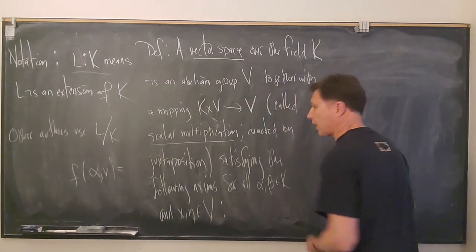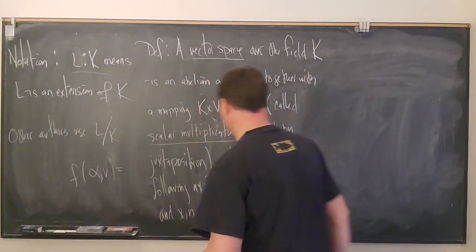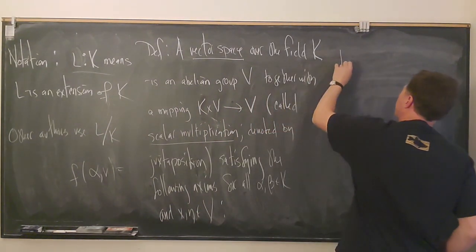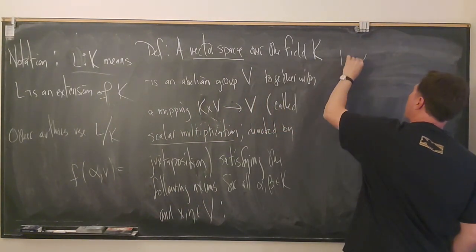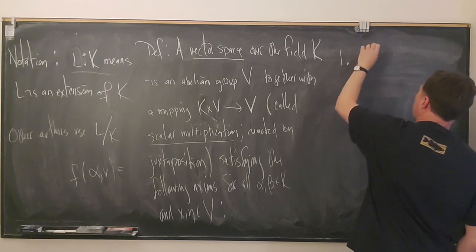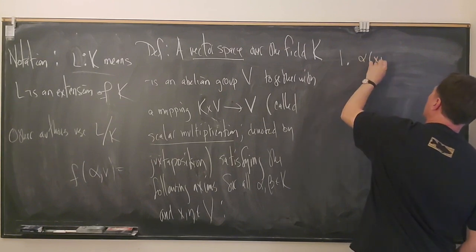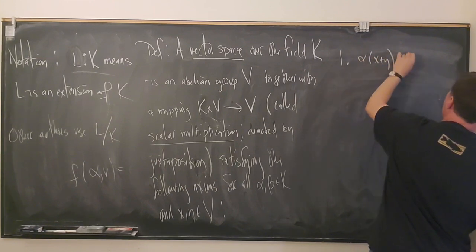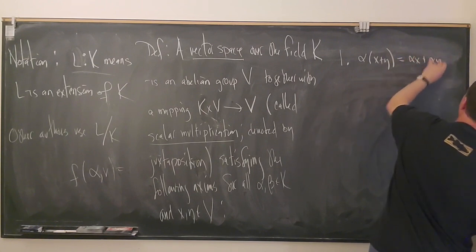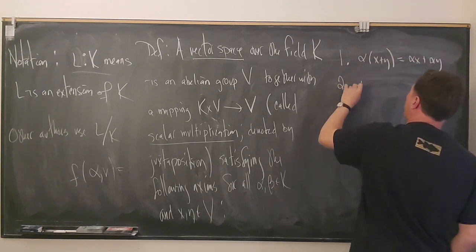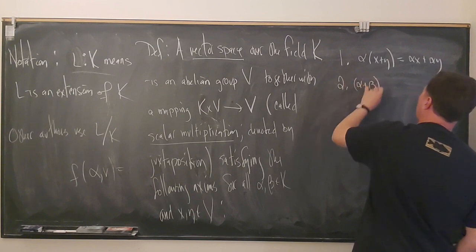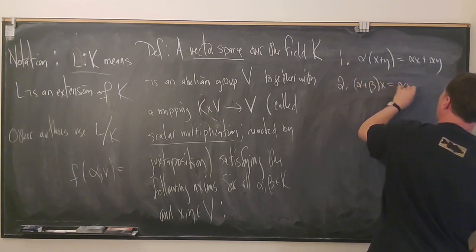And rather than 10 axioms, there are going to be 4 axioms. The first one, there's a couple of distributive type properties. Alpha times (x plus y) equals alpha x plus alpha y. Second one, (alpha plus beta) times x equals alpha x plus beta x.